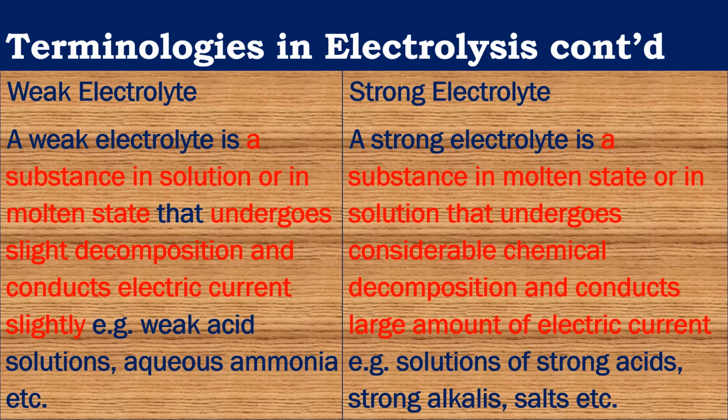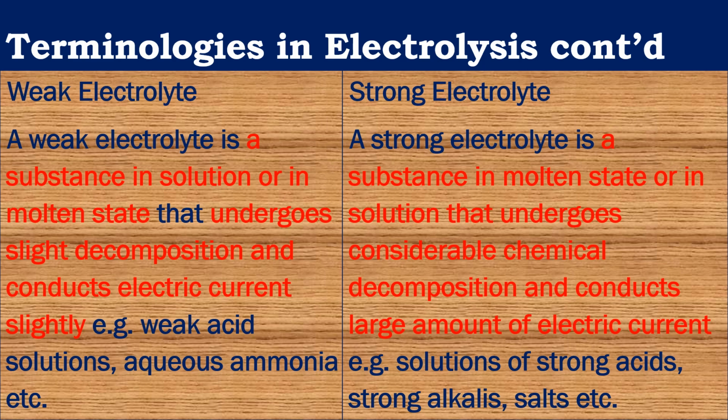Of course, we also have the categories of electrolytes. We have the weak electrolytes and we have the strong electrolytes. The weak electrolytes are those substances that, whether in solution or in molten state, undergo slight decomposition and conduct electric current slightly. What are the examples? We have weak acid solutions, aqueous ammonia solution, and so on.